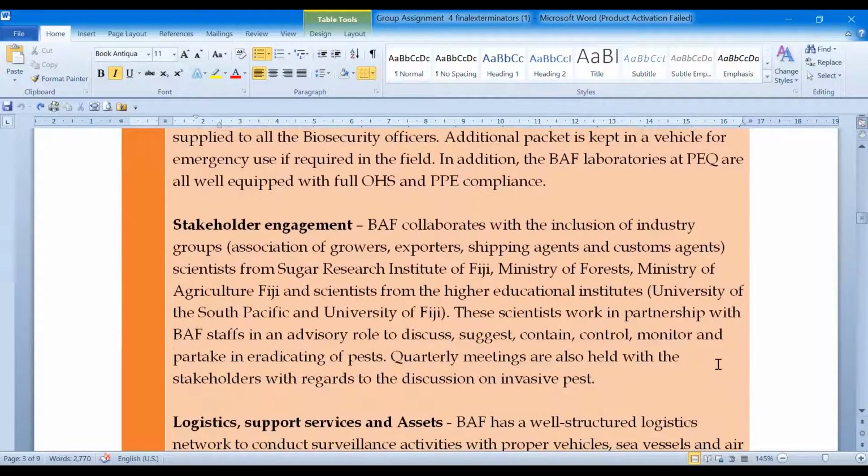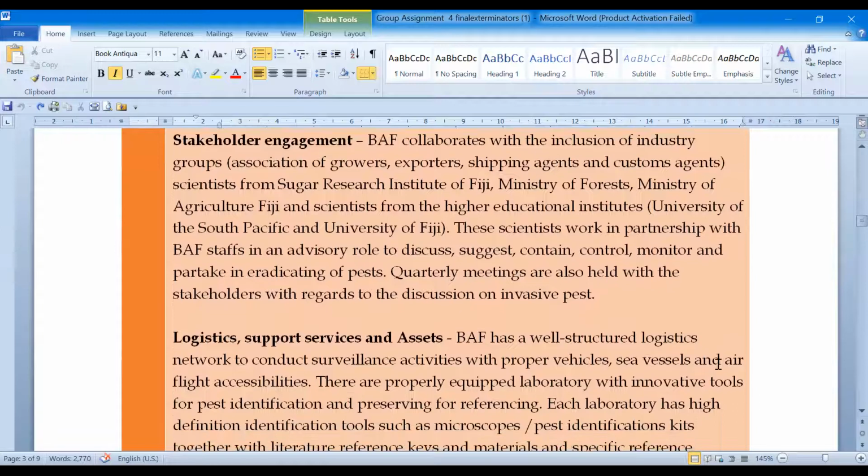And then in terms of stakeholder engagements, there are collaborations with the industry groups or relevant stakeholders. And then there is also engagement with scientists who work in partnership with the NPPO, playing an advisory role.